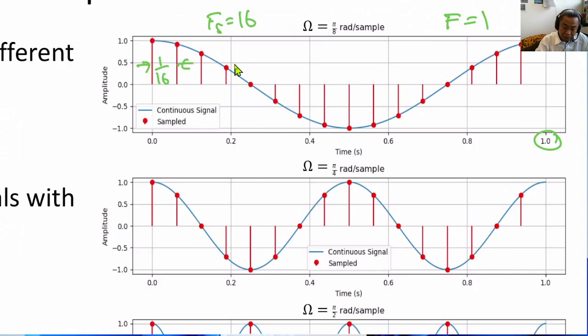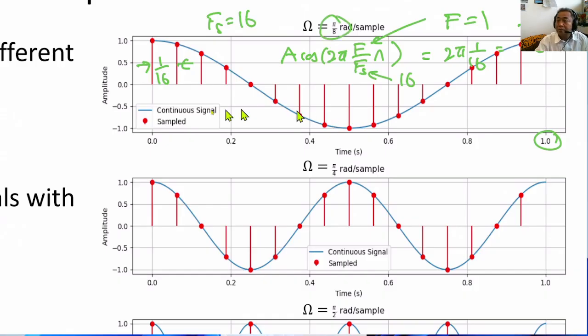If you write the equation, cosine 2 pi f over fs n, and you substitute f is 1 here and fs is 16 here, you'll get 2 pi times 1 over 16, you'll get pi over 8. So it means that at every one sample, we are moving by pi over 8.